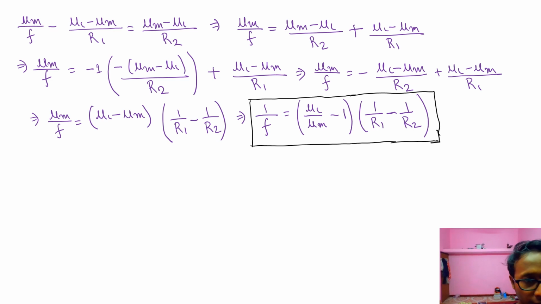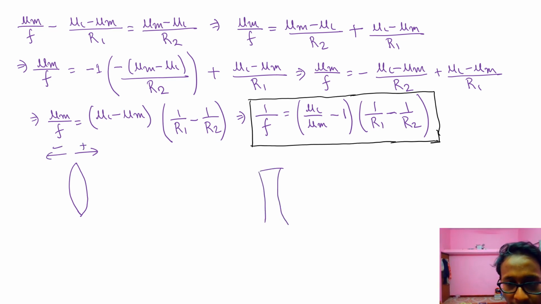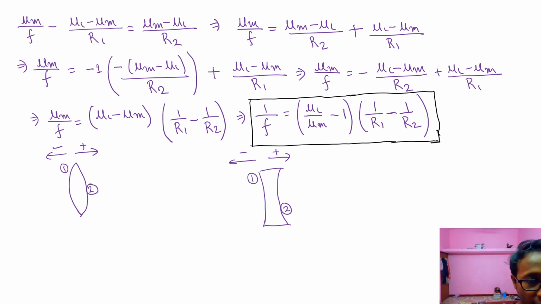That means for a positive lens or any lens, plus minus. So out here, this is surface 1, this is surface 2. For the convex lens, R1 is positive. Why? Because R1 forms on the positive side. R2 is negative. Why? Because R2 forms on the negative side.